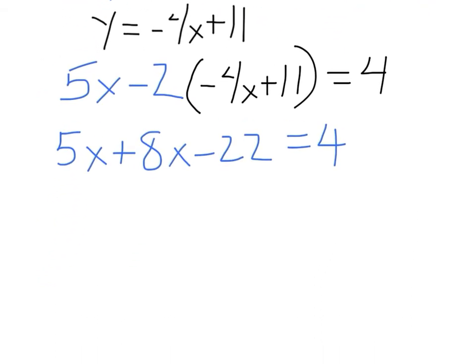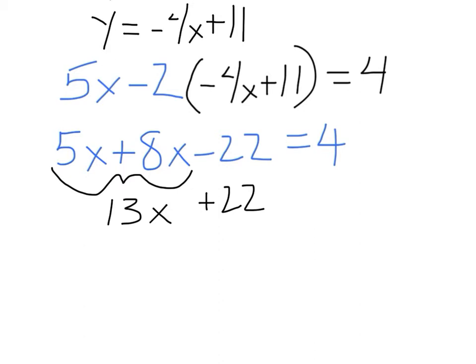Okay. So out of this we get that 5x plus 8x, 8 and 5 is 13, so that's 13x there. Then we're going to add 22 over here to get the x by itself. So we're also going to add 22 over there. So see ya to those guys.